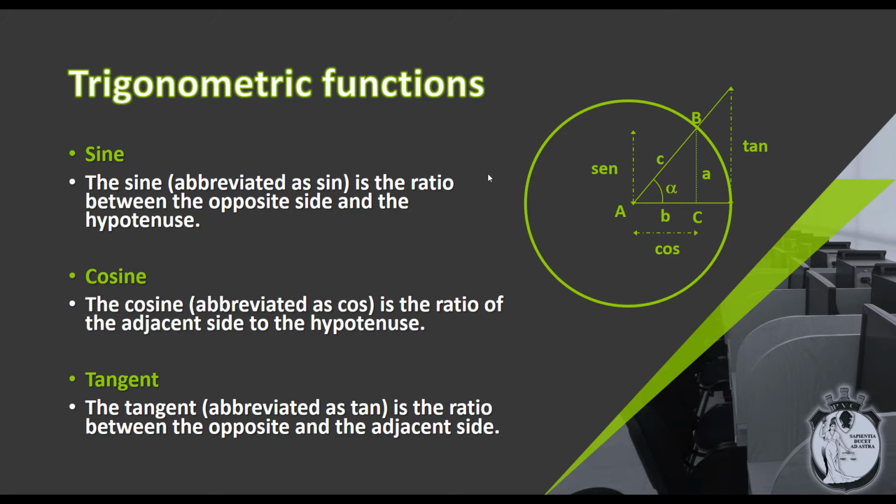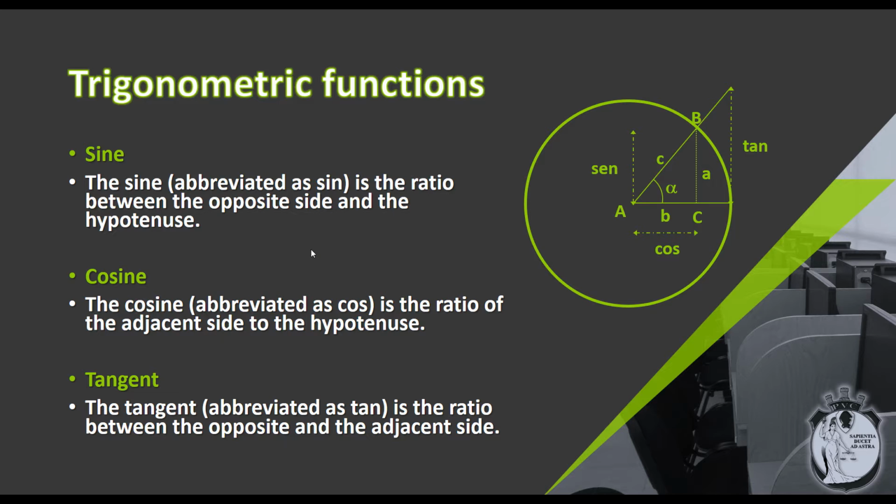Okay, this is a chart that defines the values of those trigonometric functions, but you need to remember the relation of sides for every function. For example, the first one, sine, is the opposite side and the hypotenuse.